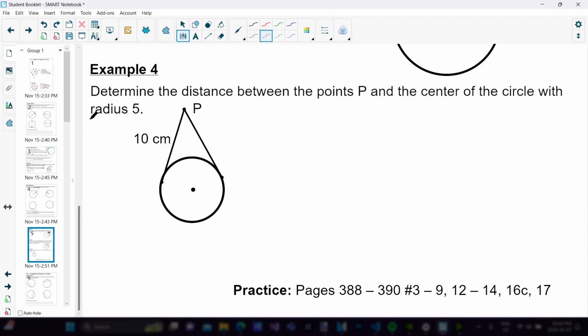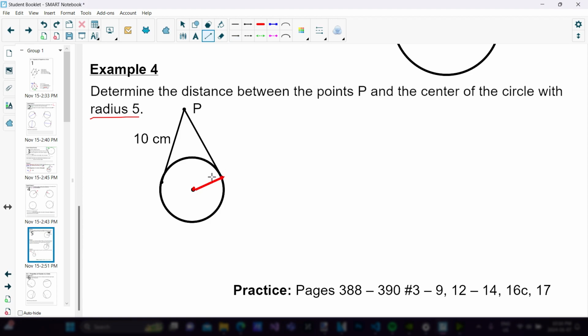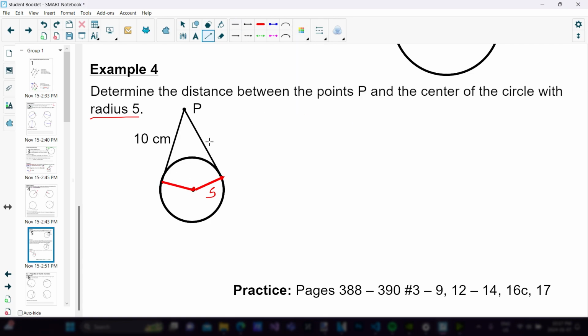I know that a radius is from the center of a circle to the edge of a circle, like that. So this radius is 5 centimeters, I'm assuming. And every radius you draw will be 5 centimeters. So that radius to that point is also 5.